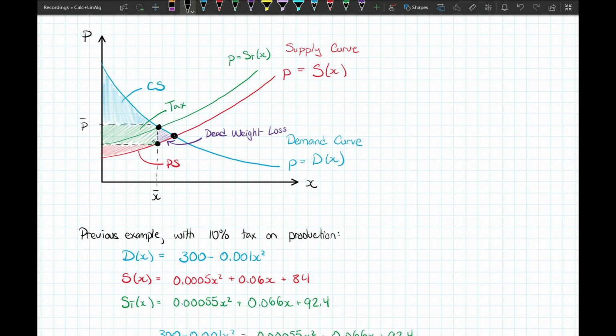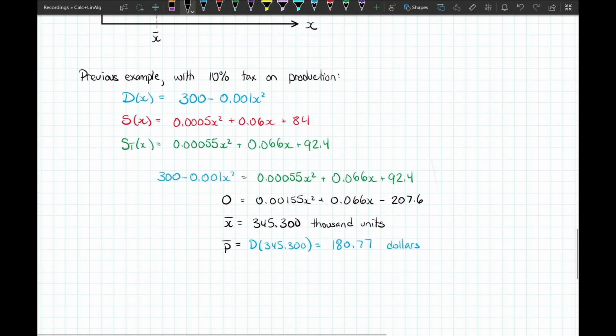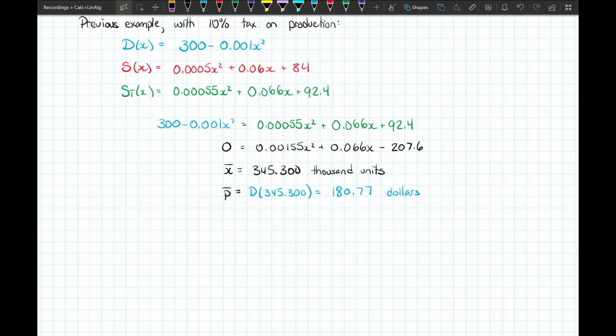But we're also going to need to take a look at what price is actually being collected by the producers themselves that isn't going to tax. And that is what happens when we take this particular equilibrium quantity and plug it into the supply curve. So let's call this P bar demand, and we'll take a look at P bar supply.